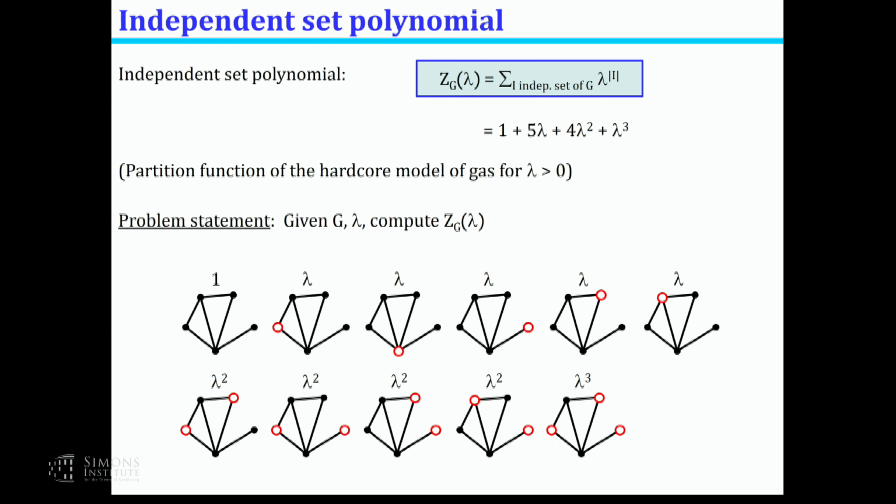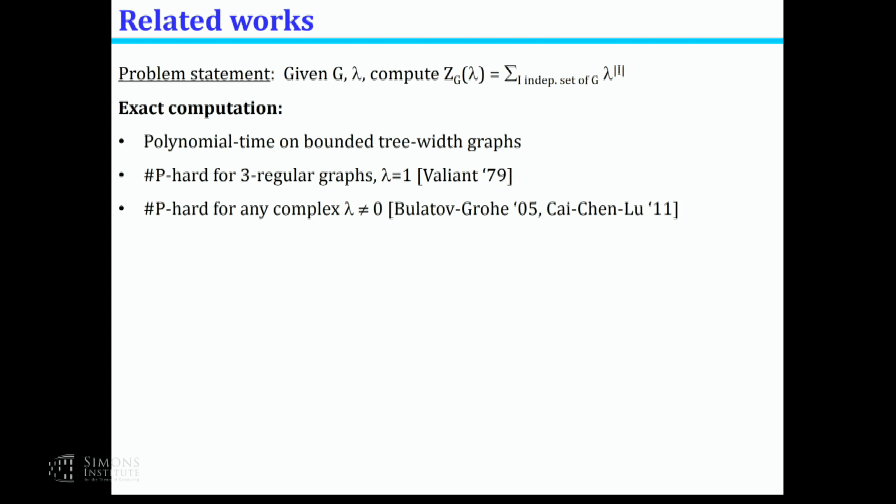So what is our problem statement? Given a graph and lambda, we want to compute the value of the independent set polynomial for this specific lambda. That's what's called the partition function as well, though I will try to steer away from that because I think it's mostly used for lambdas being from the real world.